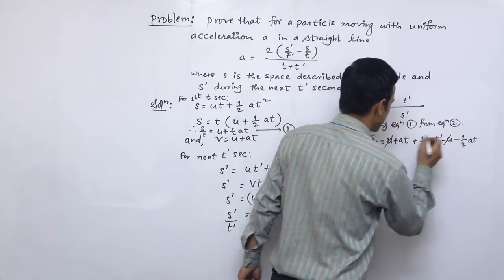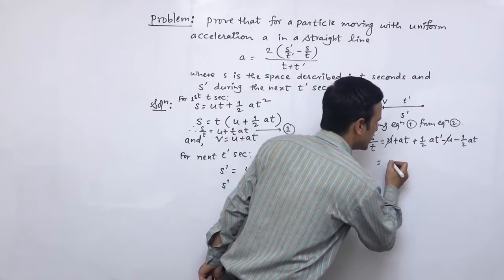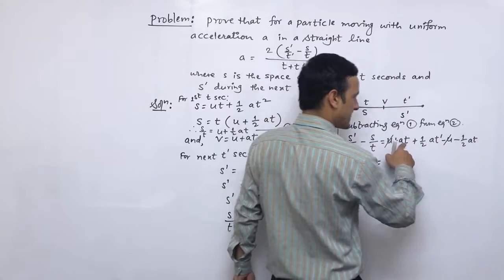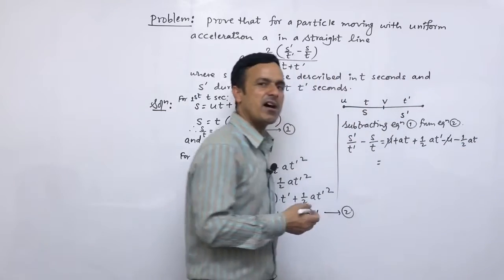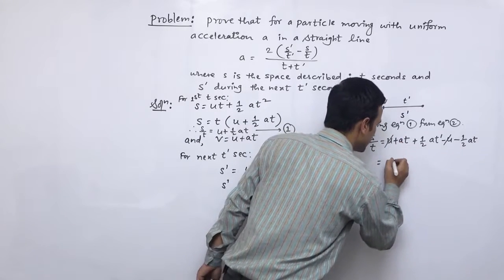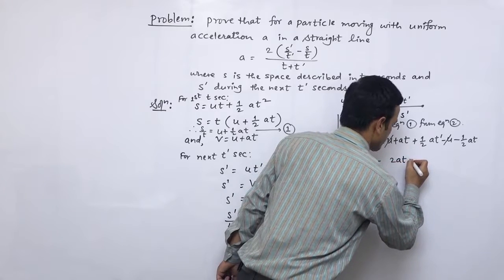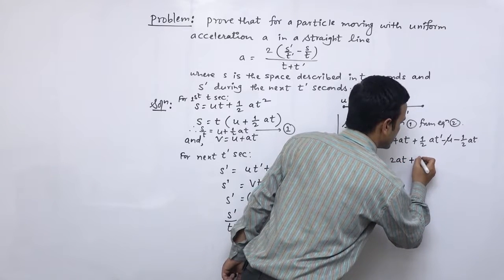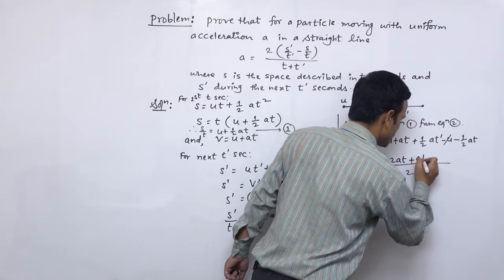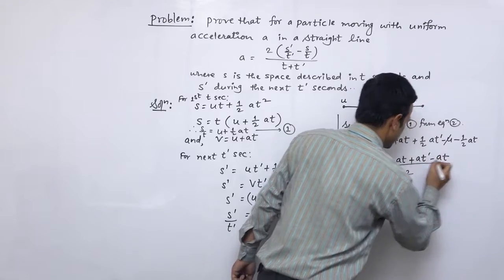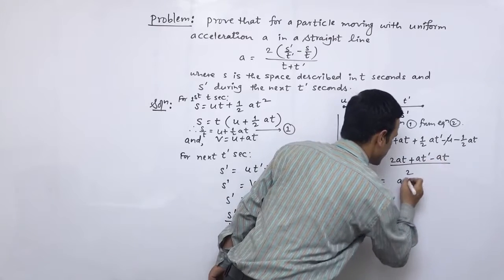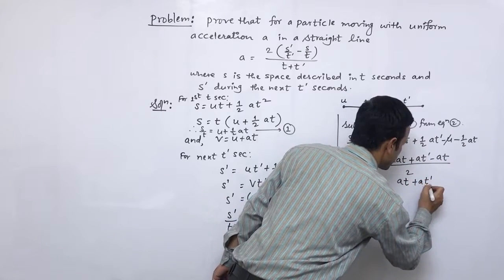So u and u cancel. Here we get at and plus 1 by 2 at. We can add these because they are like terms. 2 is the LCM here, so it is (2at plus at dash minus at) by 2, which means (at plus at dash) divided by 2.